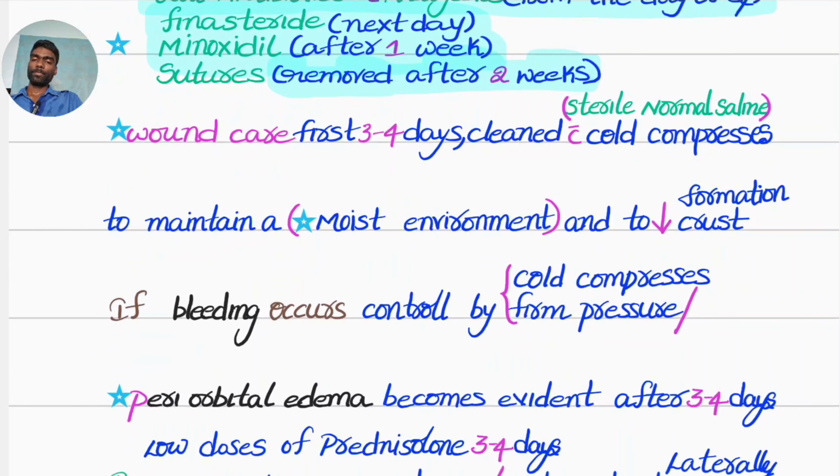Wound care. First 3 to 4 days, the wound created at donor area and recipient area should be cleaned with cold compresses, that is sterile, normal, saline. To maintain a moist environment at the recipient area is important for the survival of the grafts and to prevent crust formation.